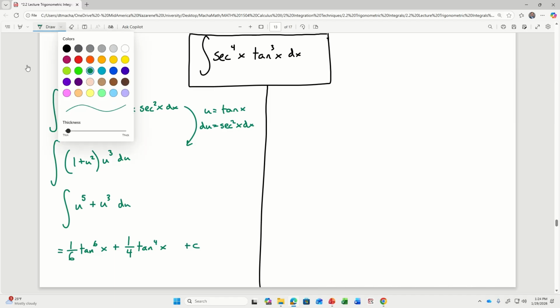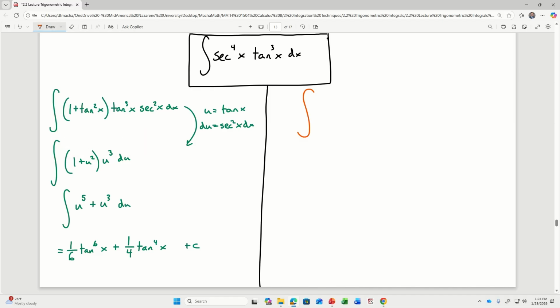Okay, alternatively, I could see that tangent has an odd power, and I could replace all but one tangent with secant squared minus 1. So let's do that. I'll have secant to the fourth x, which I could replace with secant cubed x, and then tangent cubed is going to be secant squared x minus 1 times an extra secant times an extra tangent dx.